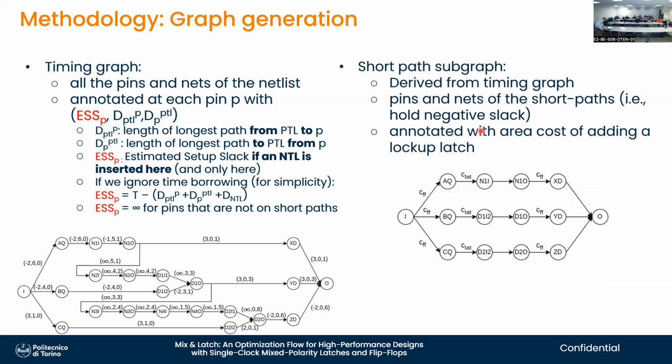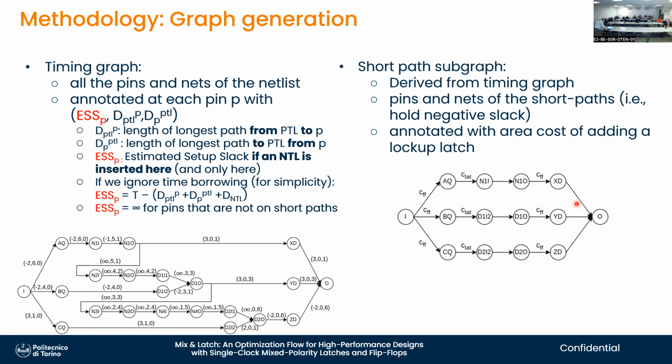Once we have the set of insertion locations, which are forbidden because they would introduce a negative slack, and the set of locations where it is possible, where you have a positive slack, we create another graph which represents only the short paths.